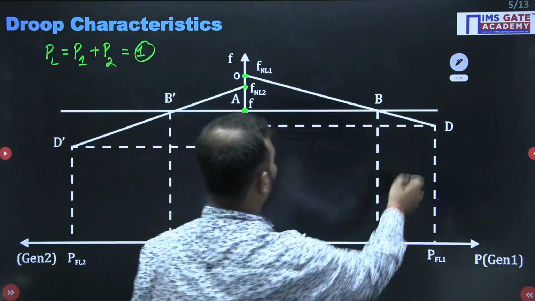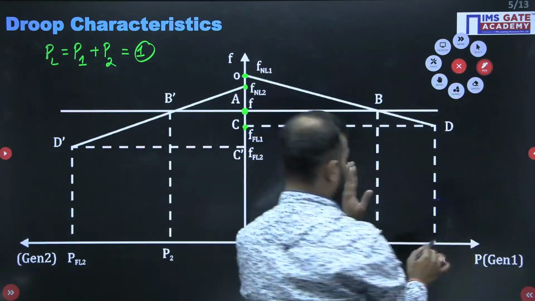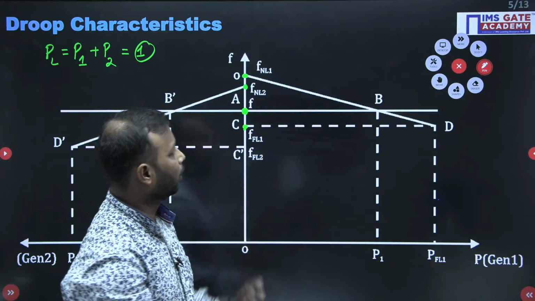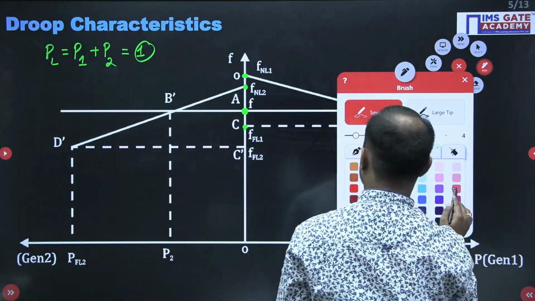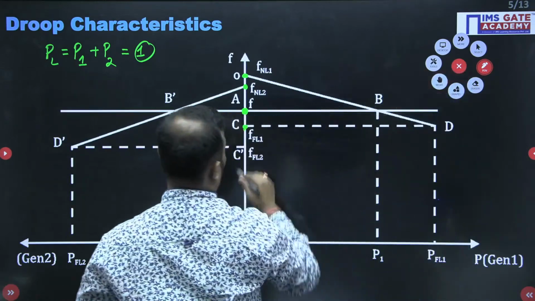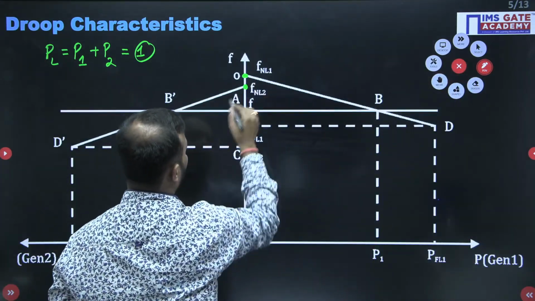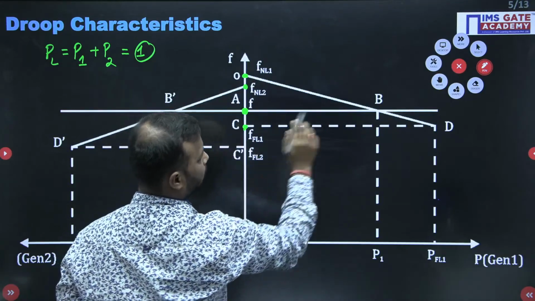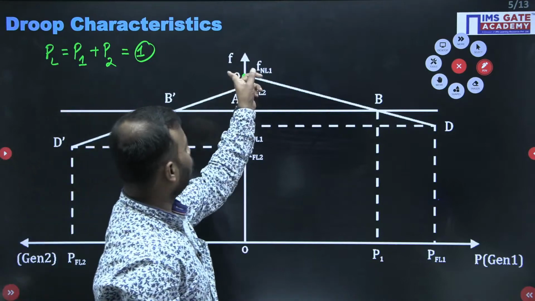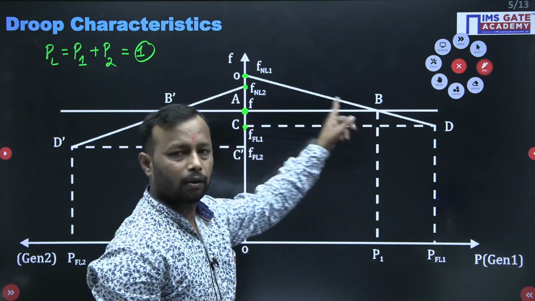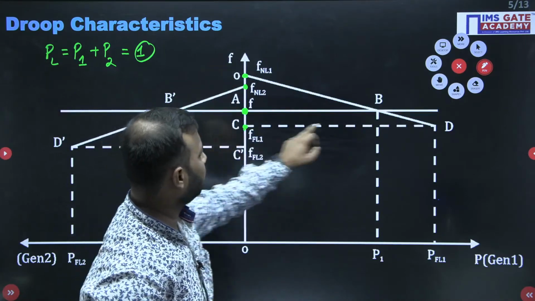If you see carefully, you are going to have a triangle. Come to the right hand side for generator 1. You are going to have this particular triangle. Let me take O. This is A, this is C, this is D, and this is B. So from triangle OAB, ये triangle को देखो OAB and triangle OCD.